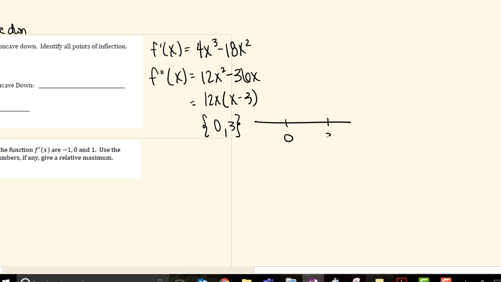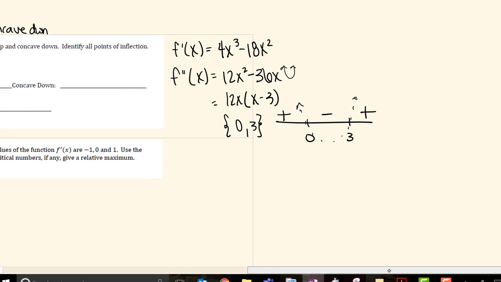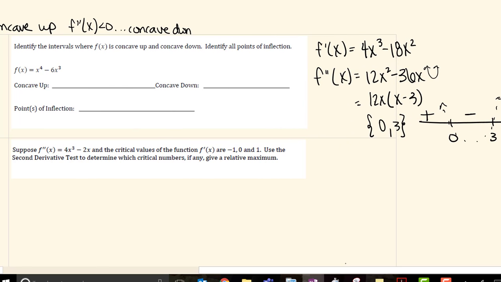Again, plotting these guys right here. This is a quadratic and it's concave up, right? So I know that these two zeros have a multiplicity of 1, which means I'd be crossing the axis. So I'd be positive, negative, positive. Concave up is going to happen from negative infinity to 0, union 3 to infinity.